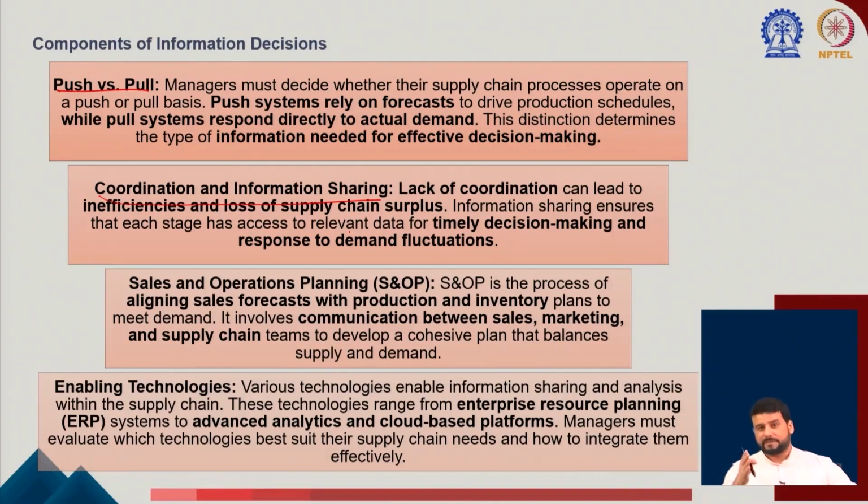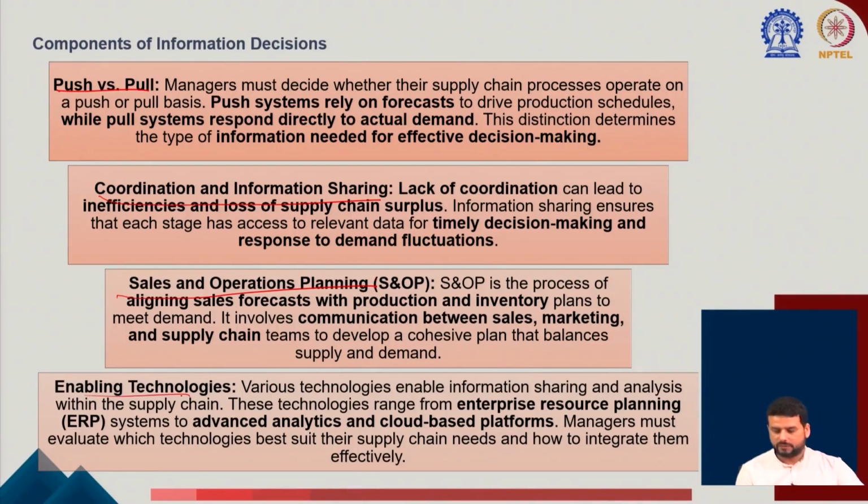So correct information should be shared so that your raw material supplier also processes the right inventory, because your supply chain is efficient only when all the stakeholders are efficient. Sales and operations planning, we already talked about that: you connect your sales with operations, and whatever is the requirement from a particular market, only that much you implement.